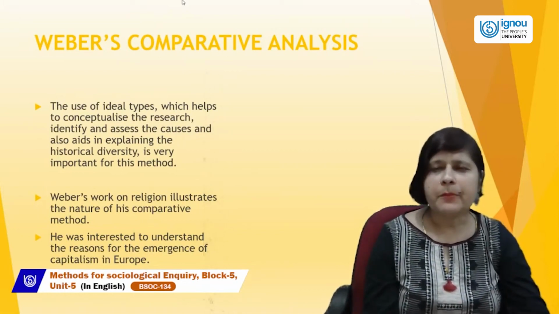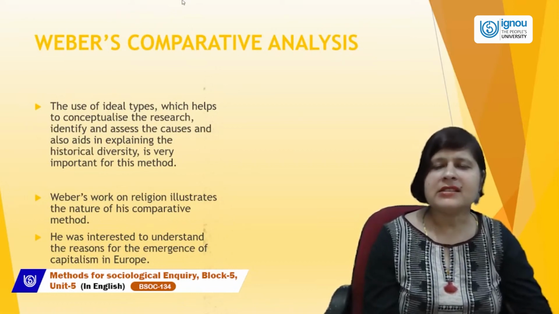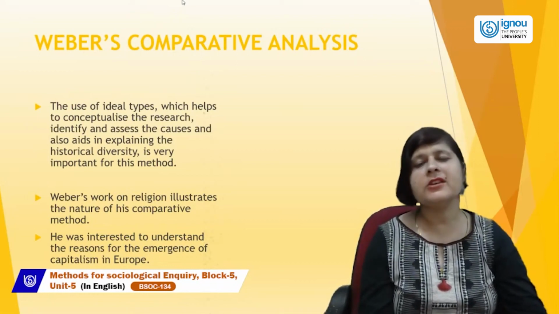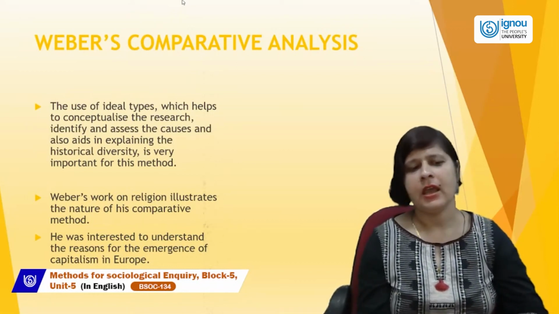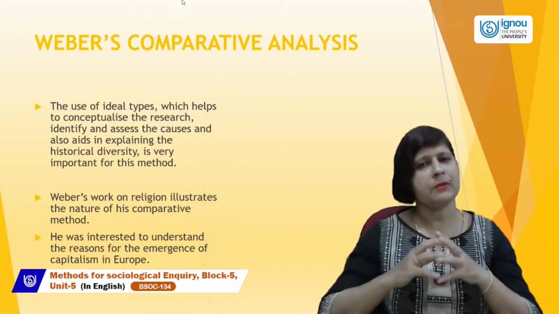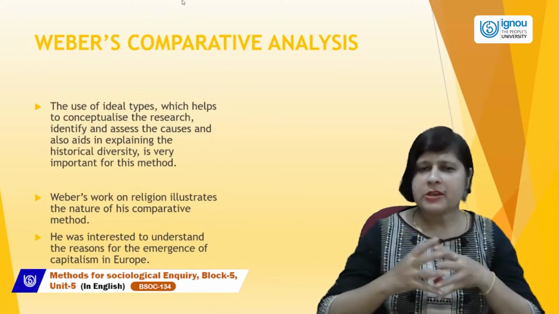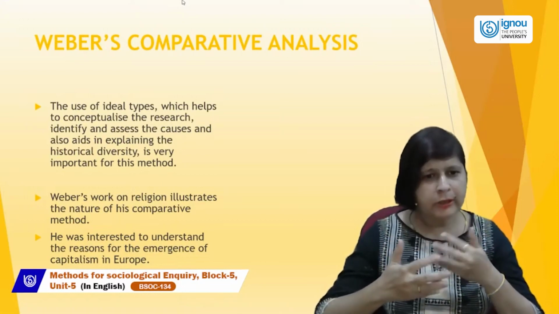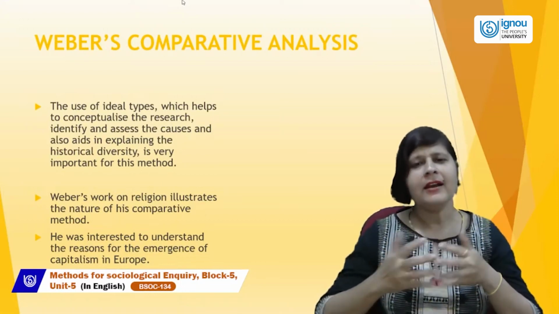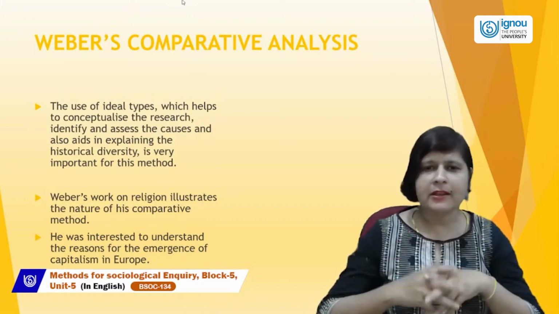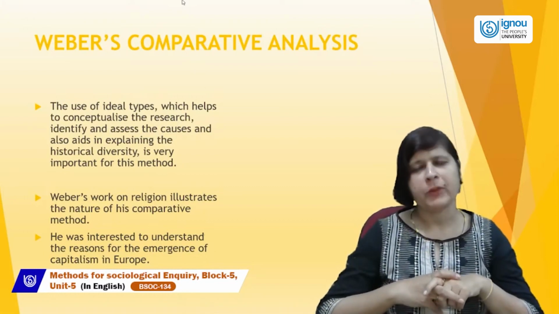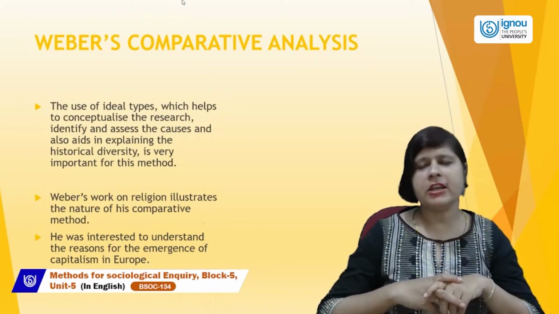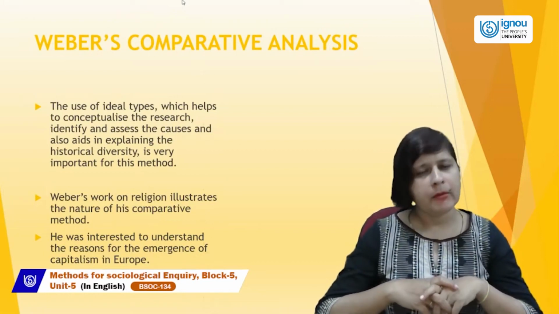This ideal type identifies and assesses the causes and helps to explain the historical diversity. Ideal type is a tool that helps to assess and explain the differences, the causes, and the historical diversity. Weber's work on religion illustrates the nature of his comparative method.